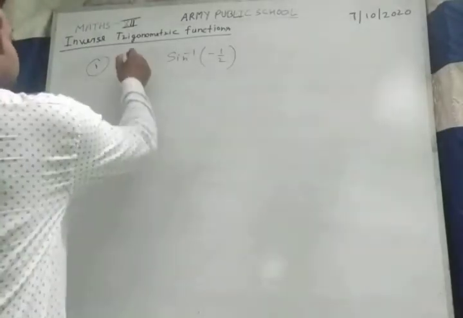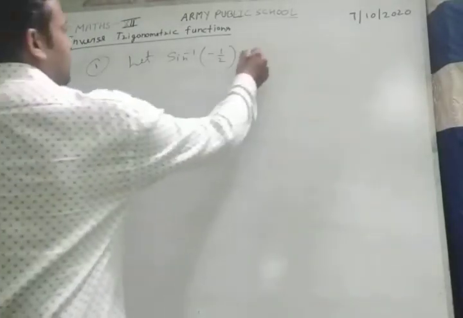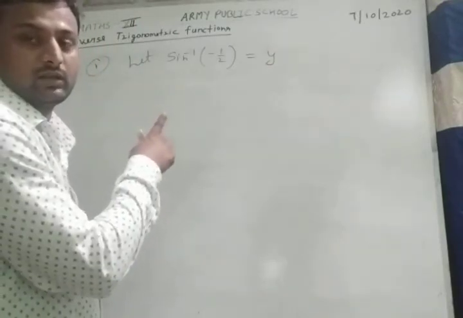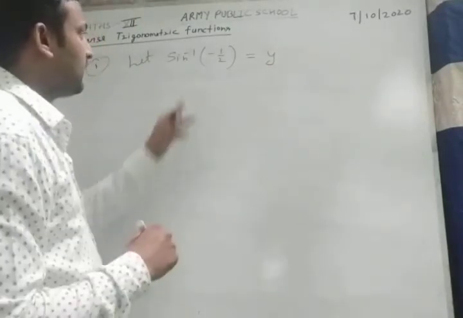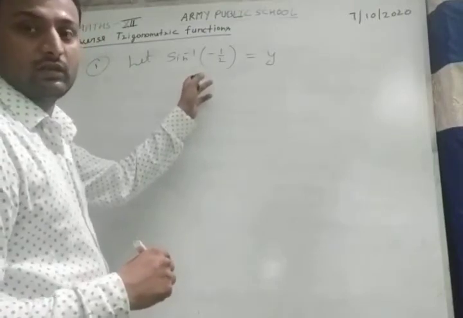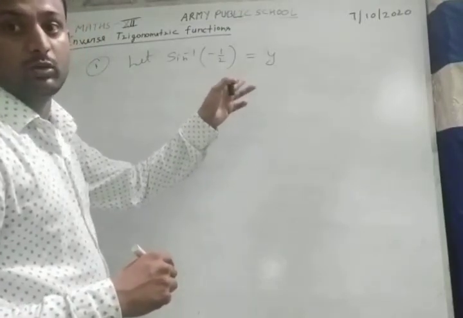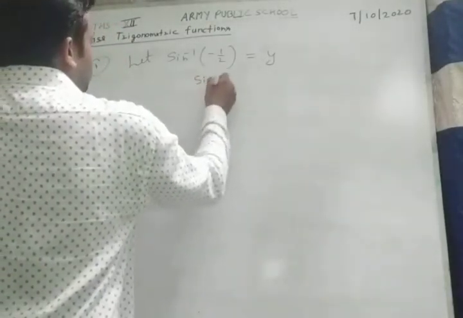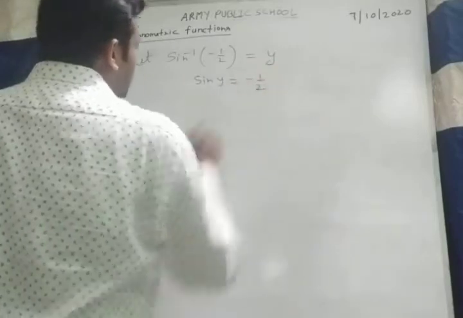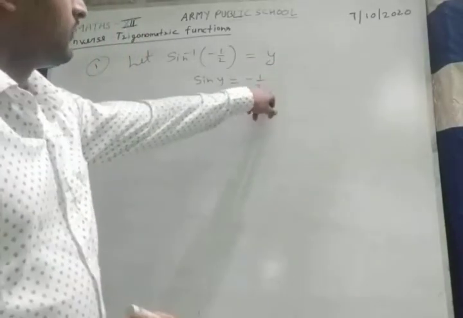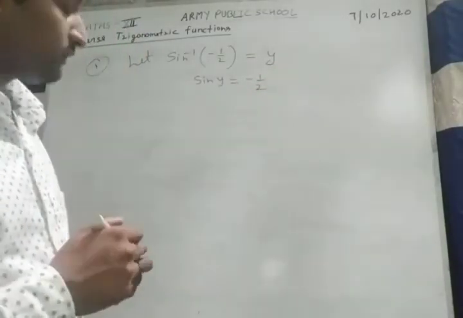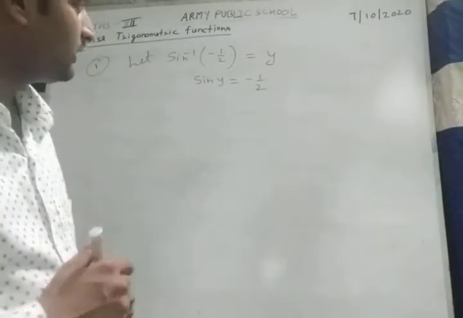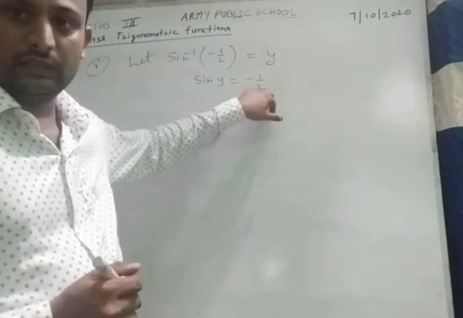So let this be equal to y. Okay, this is sine inverse function. So we need the principal value branch of sine inverse, which is what? Minus pi by 2 to pi by 2. So sine y is equal to minus 1 by 2. Now, what is the value of 1 by 2 in sine? It is the value of sine 30.